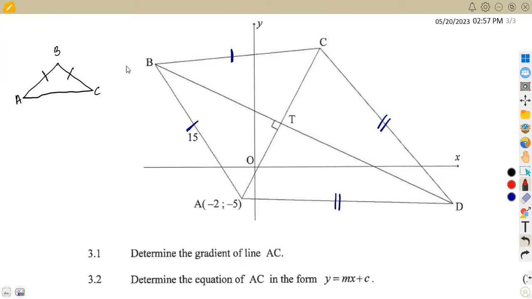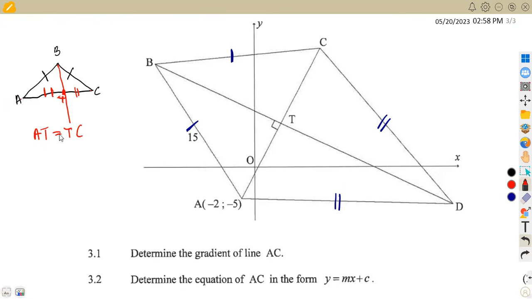It means that the line that is drawn, this B, T to D, our diagonal, is actually bisecting the line AC. This is a line of symmetry on an isosceles triangle. So it bisects the line AC. To bisect is to divide into two equal parts, meaning to say the distance from A to this point T here is the same as from the point T to C.